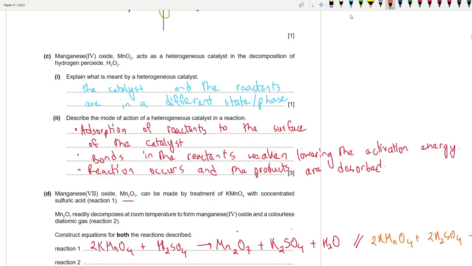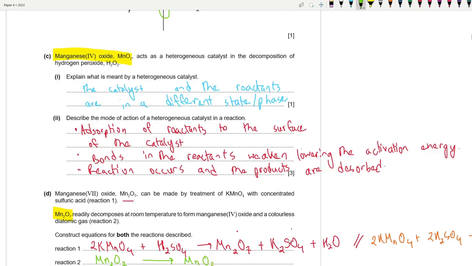In this second one, Mn2O7 decomposes readily, so nothing else reacts with it, to form manganese(IV) oxide, MnO2, and a diatomic gas. Okay, let's see what diatomic gas we get. So next step, Mn2O7 decomposes readily to form MnO2.